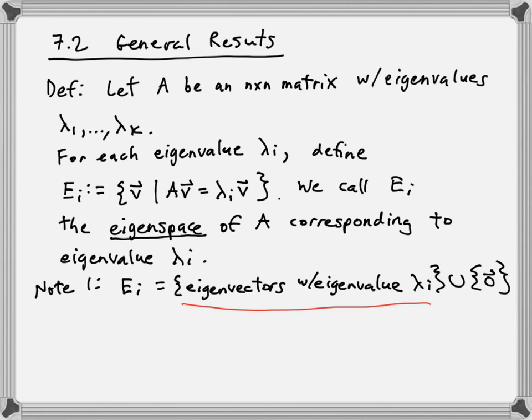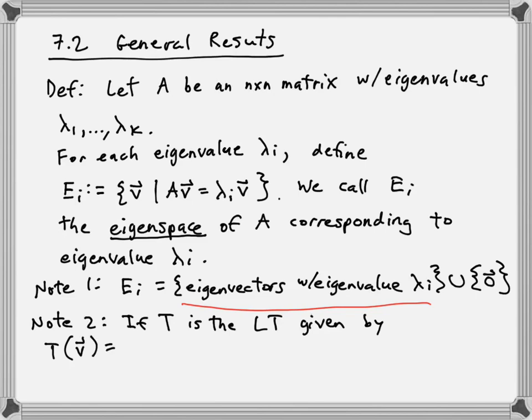So this will be note 2. We have seen this before. Note 2, if T is the linear transformation given by T of v is equal to (A minus lambda I) times v. Oh, sorry, I messed up there.